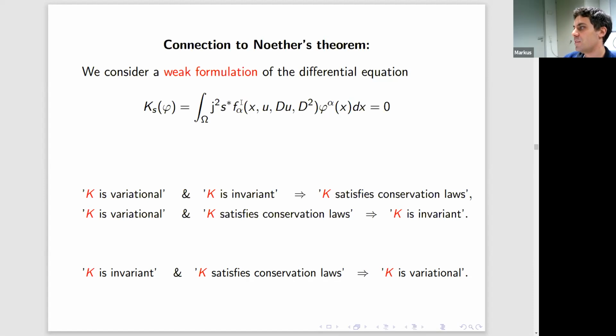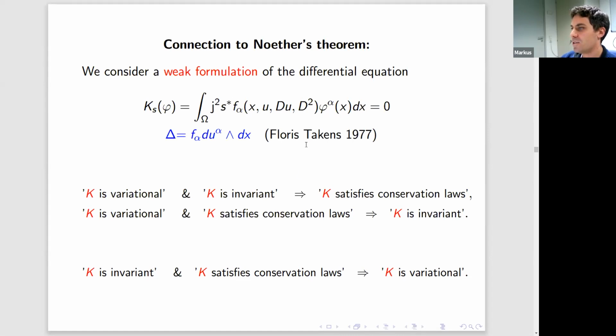There is one more thing I want to add as a note here. You can also use a more efficient, or more advanced, notation if you neglect this integral sign, the pullback by the section, and also the test function, and just use a differential form, which is denoted by this delta. It's called the source form. So you have only your F here, the differential equation expression.